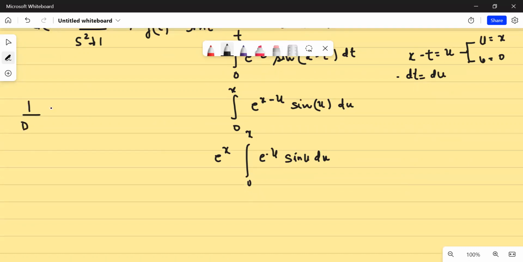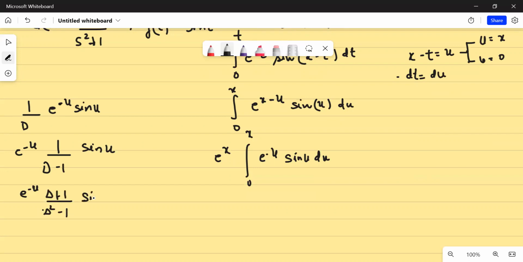So the integral of e to power minus u sine u will be e to power minus u into (D plus 1) divided by (D square minus 1), applied on sine u. From here you will get a minus half, and D sine u is simply cos u plus sine u. Okay, so I think this is quite easy to see now.